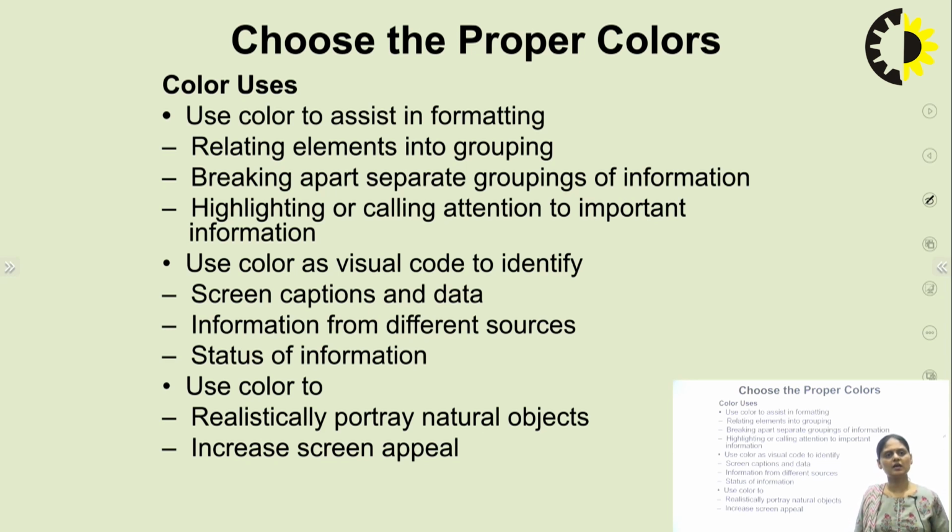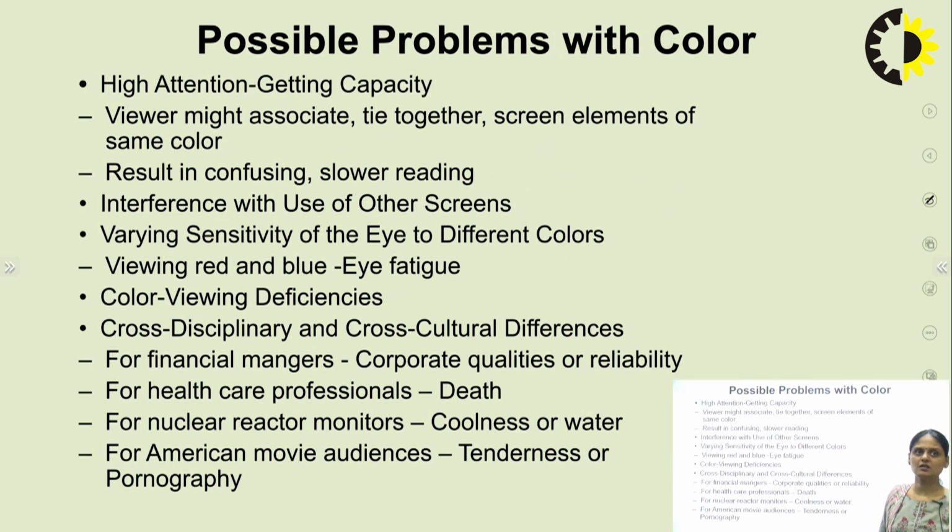Use colors as a visual code to identify screen captions and data, information from different sources, and status of information. Use color to realistically portray natural objects on the screen and increase screen appearance. Obviously it makes things catchy and the appearance becomes good.